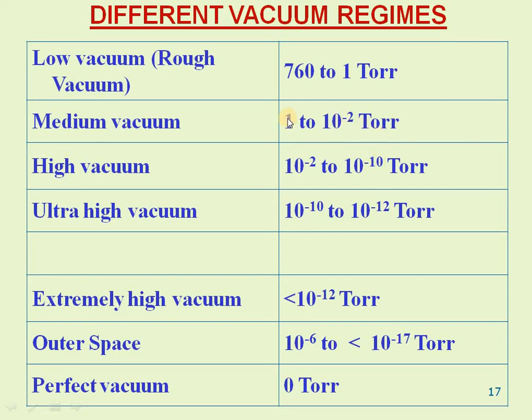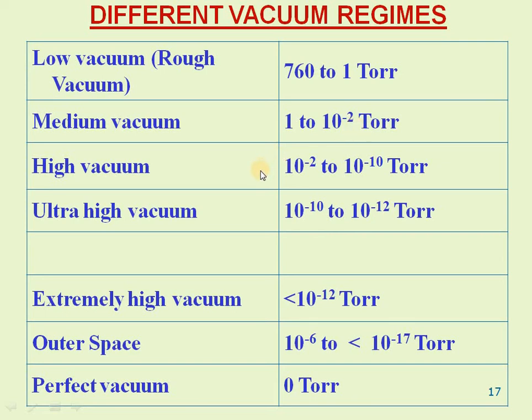But in a CRT, for example, you may be happy with say 10⁻² torr. So people have classified pressure ranges into regimes. Low vacuum, for example, ranges from 760 torr to 1 torr. Medium vacuum ranges from 1 torr to 10⁻² torr.